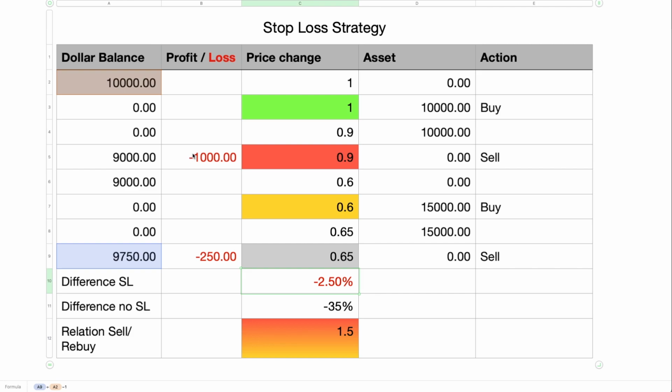There you would have had a $1,000 loss, but now with selling at 90, rebuying at 60, and then selling at 65, you have reduced your loss from $1,000 to $250.